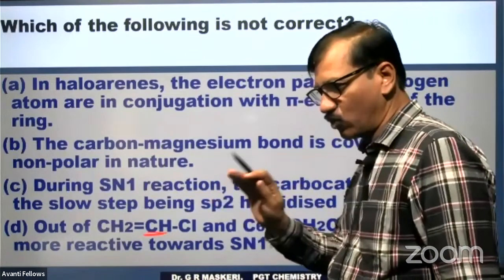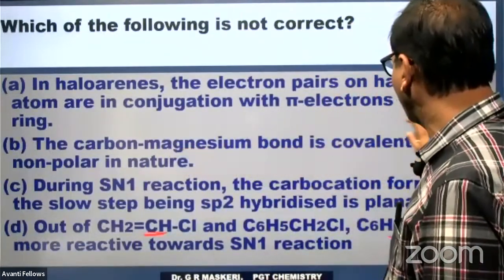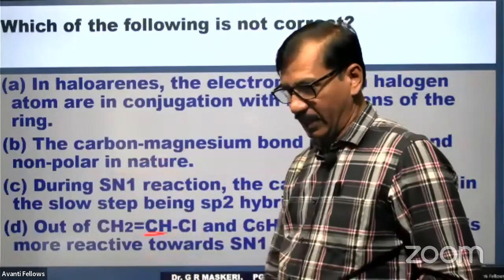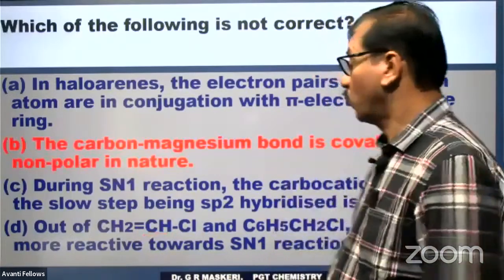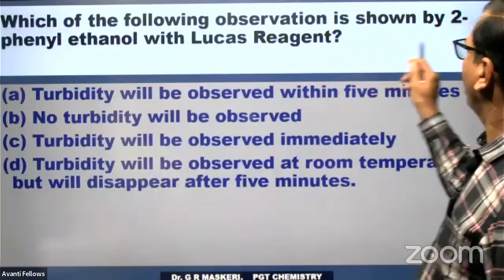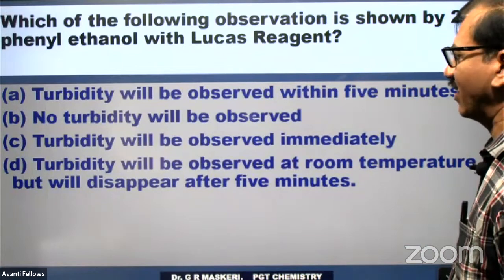That is right, because it is a carbocation. But the carbon-magnesium bond being covalent and non-polar is not correct. It is a polar covalent bond, magnesium being more electropositive.